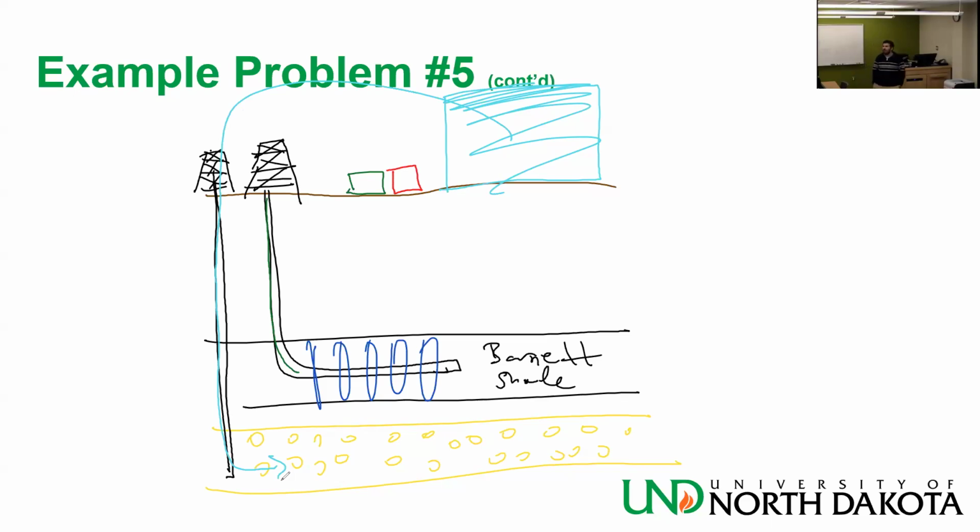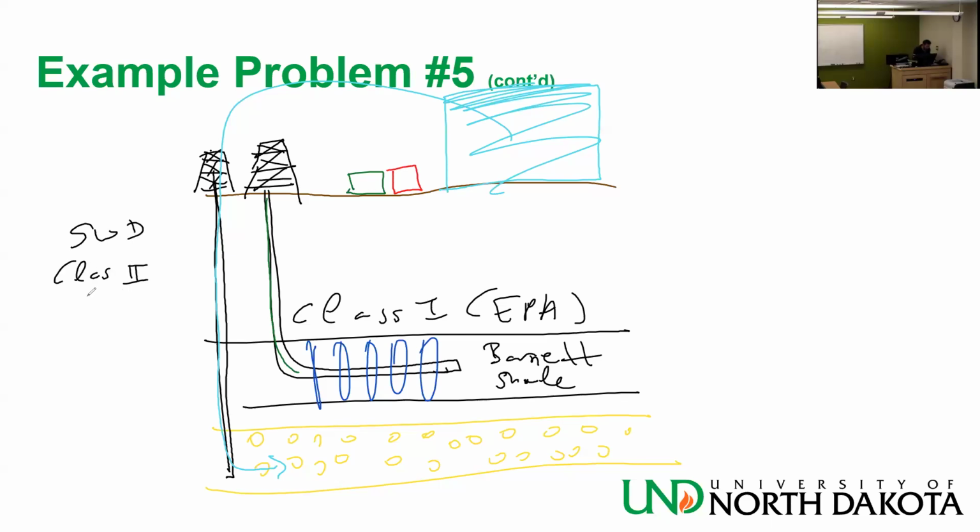For EPA it is class 2. This was a class 1 well, an ordinary well. This is class 1 EPA. And this SWD is class 2 EPA.